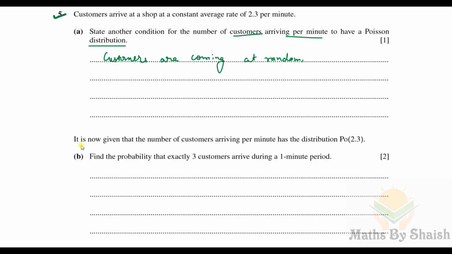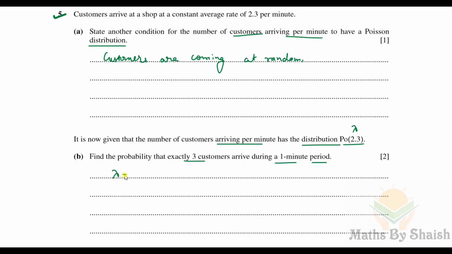It is now given that the number of customers arriving per minute has a Poisson distribution Po(2.3), with this 2.3 as the lambda. Now find the probability that exactly 3 customers arrive during a 1 minute period.